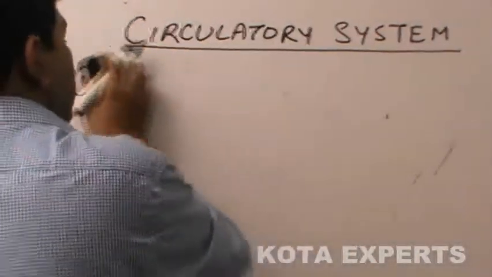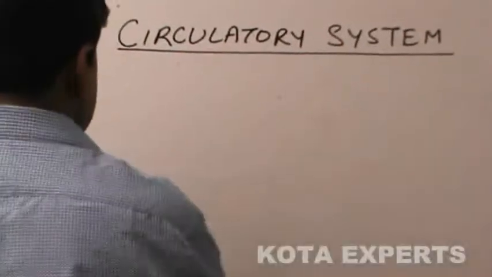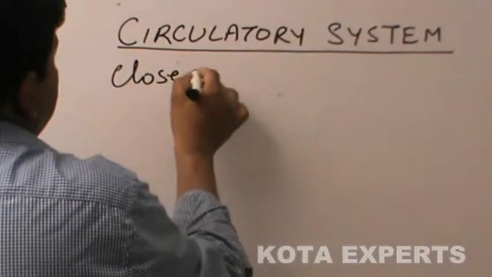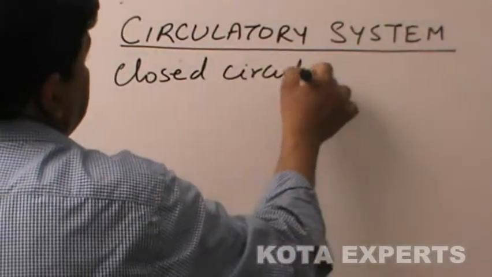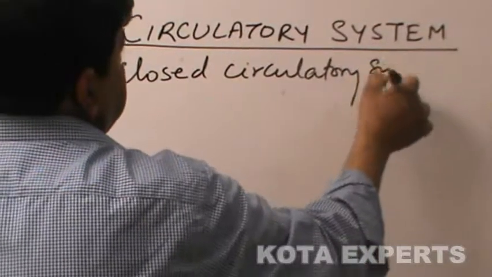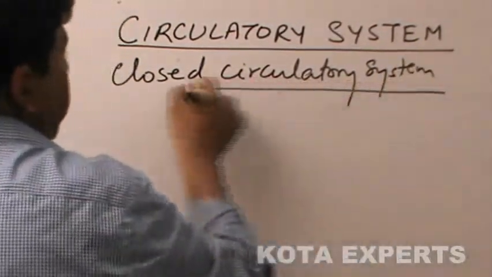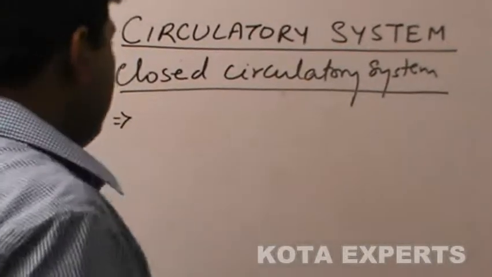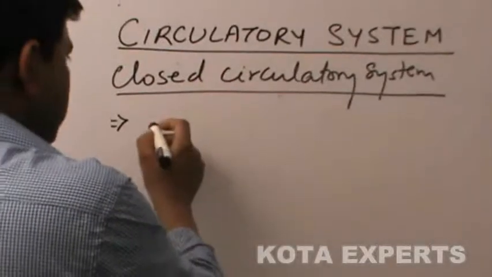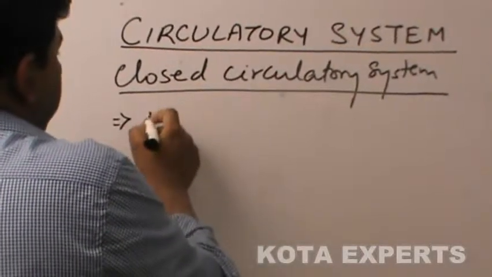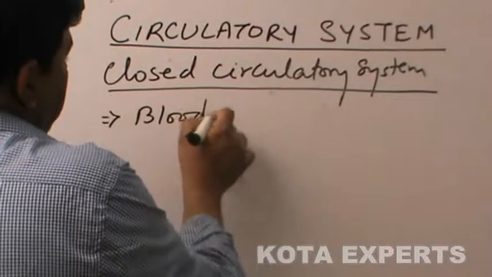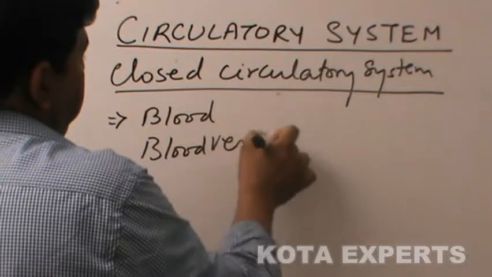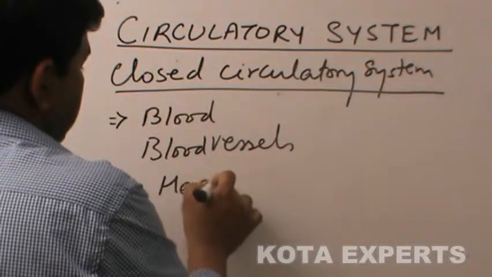Now coming to our closed circulatory system. The closed circulatory system comprises blood vessels and the heart, the pumping organ.